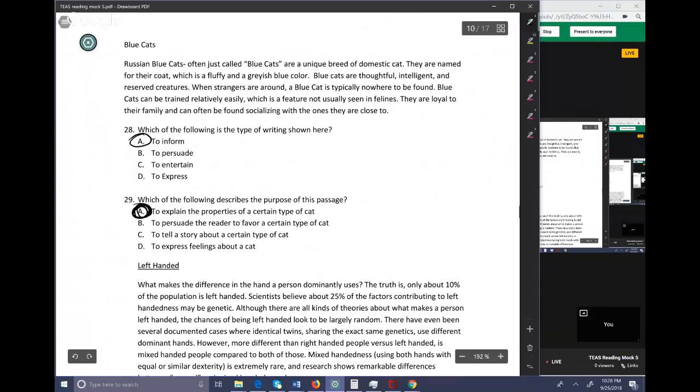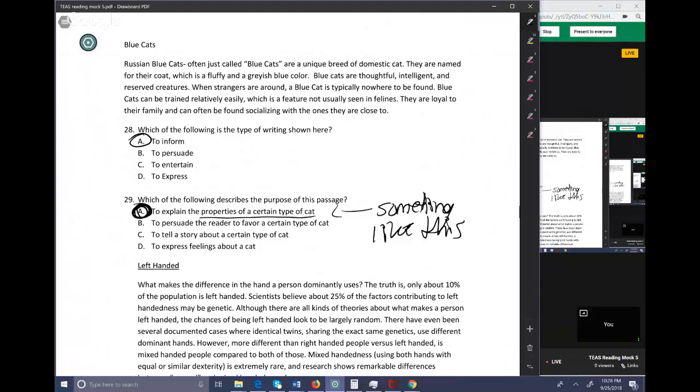Which means that your next part, because it's always in 2 parts, is going to be to explain the properties of a certain type of cat or something like this. I don't remember the actual wording of the answer, but there's typically 2 questions with this one. One of them is a very basic purpose question, like, what type of writing is it? And it's to inform, to explain, one of those. I don't remember which, they probably have both on different questions.